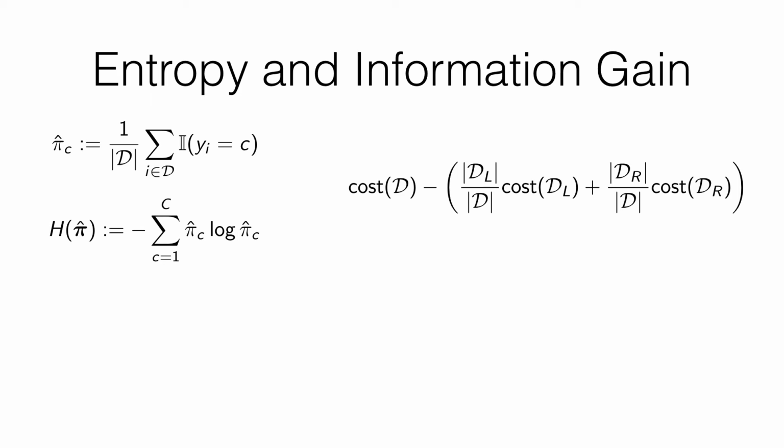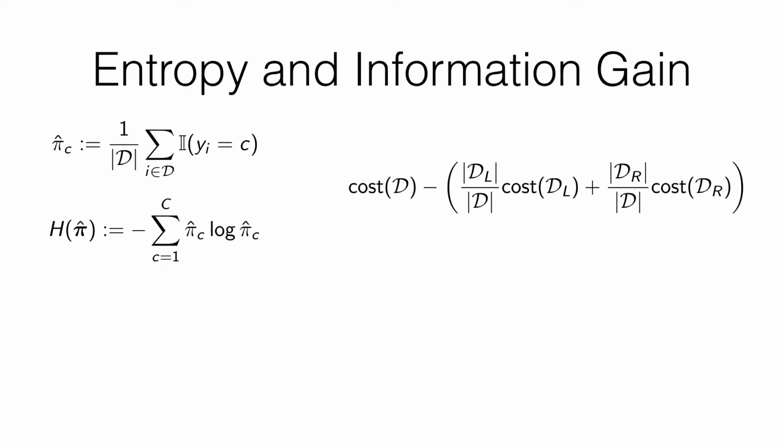Conversely, if it's 50-50, then that's the maximum possible entropy. That's the most uncertainty because we don't know anything. In between, the more peaked this distribution is, the closer it is to being completely deterministically one outcome, the less entropy there is. So that suggests that we want to split the data set in a way that lets us be very certain about the split subsets.